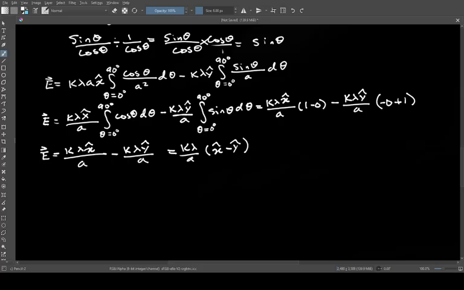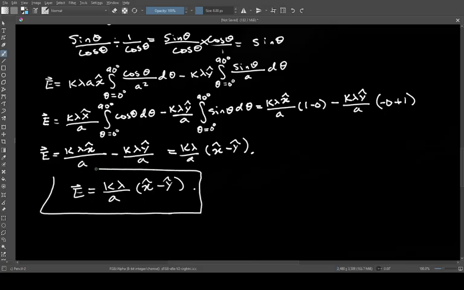Now, we're allowed to use lambda in our final answer because the question said you can use it. So you don't need to integrate q equals integral of dq. So the electric field at point A, 0 is E equals K lambda over A times x hat minus y hat. That is the answer.